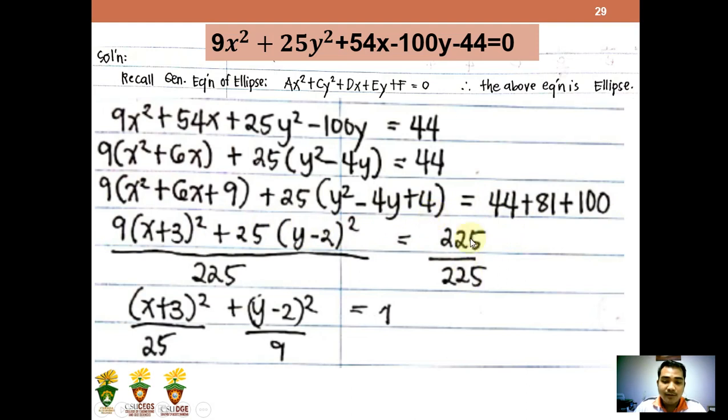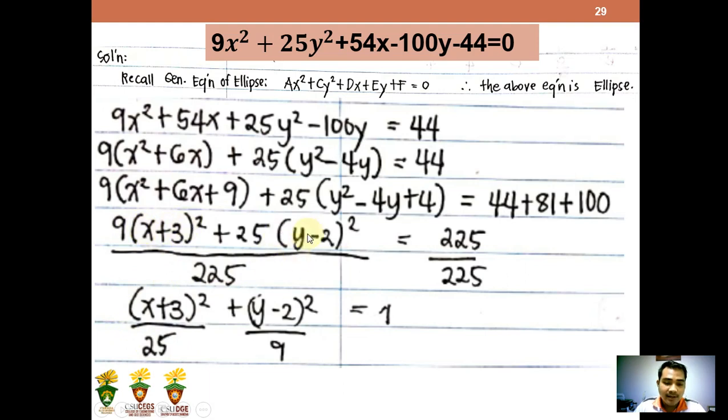To make it 1 on the other side, we divide by 225. So 225 over 225 is equal to 1. We divide the other side of the equation by 225 as well. Therefore, 9 over 225 is 1 over 25, or 225 divided by 9 is 25, and what remains is x plus 3 squared.